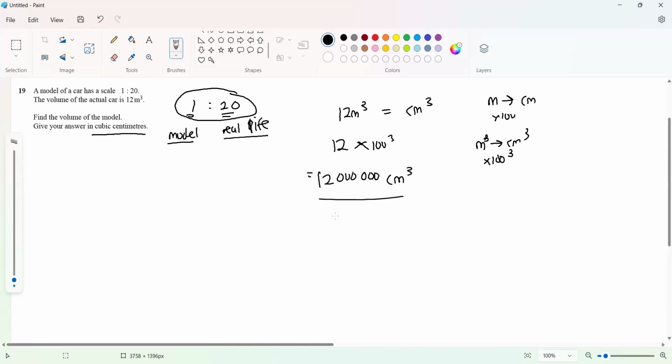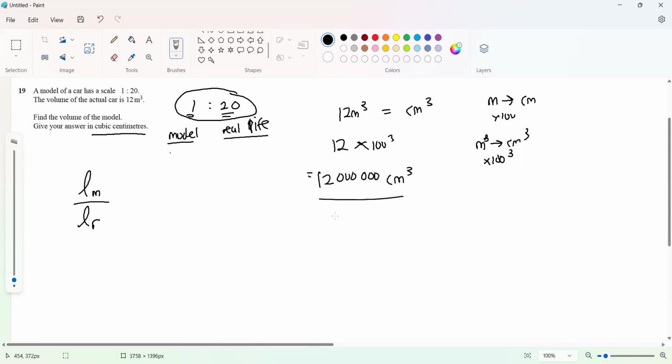So from here, we need to scale it back down. So since the model of a car scale is 1 to 20, we are going to have to scale it back down to cm cube. So in other words also, we need to do one more thing, right? So what we normally would say is that this is applying the volumetric scales. So it would be the length of the model over the length of the real.